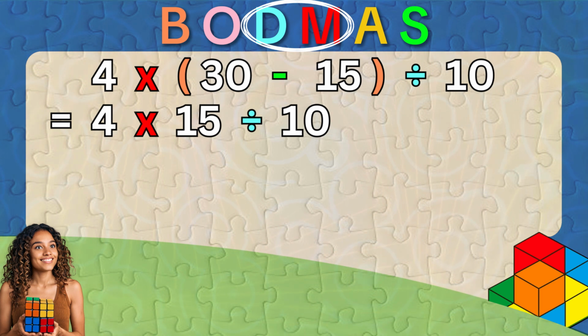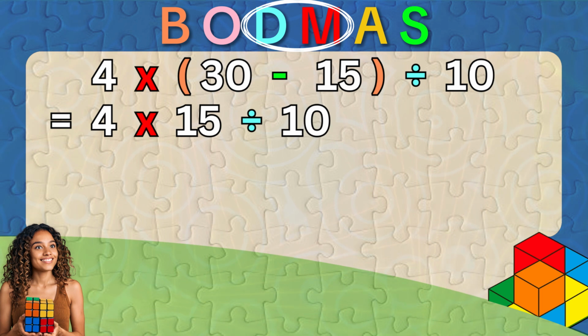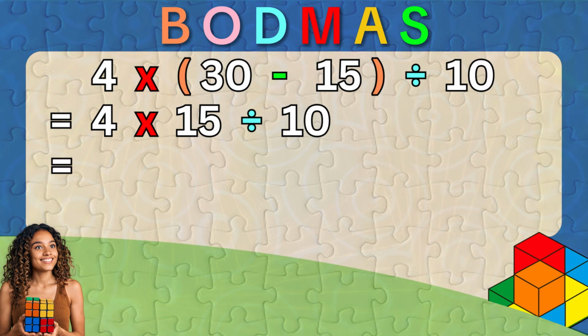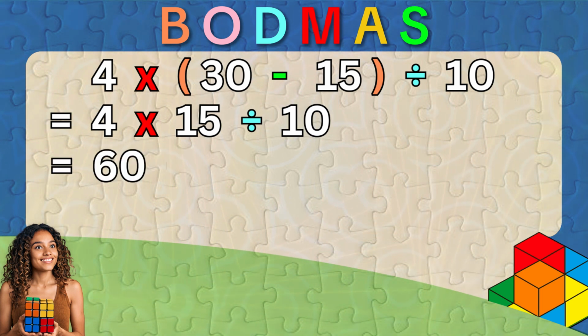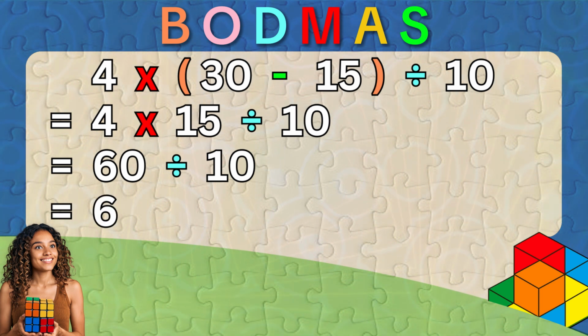And when it's a pairing of those two, we know that we operate from left to right. So multiplication first. 4 times 15 is equal to 60, so let's write that down. And then the divided by 10. And now we can do the last step. 60 divided by 10, which is 6.